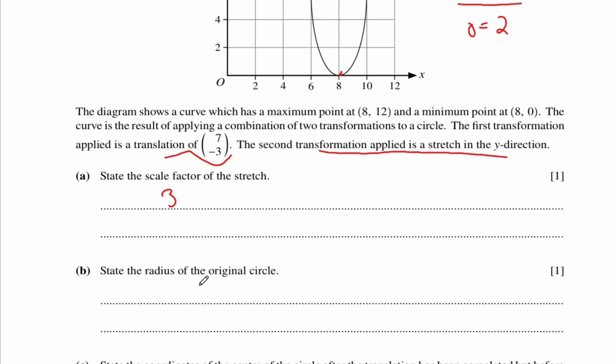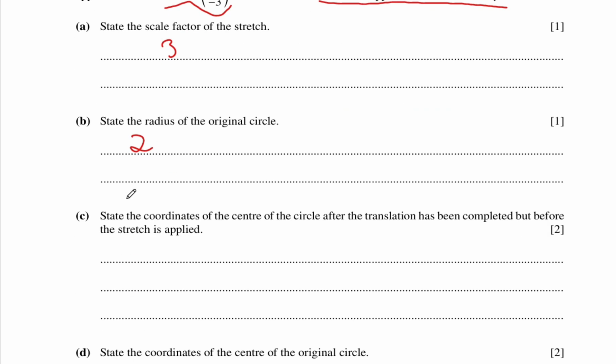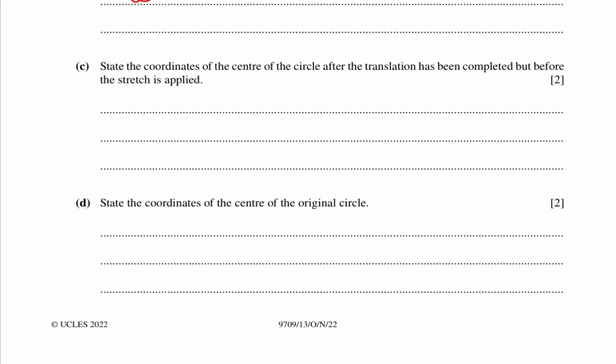State the radius of the original circle; as we have found out, it was 2. State the coordinate of the center of the circle after the translation has been completed but before the stretch is applied. So let's find this.